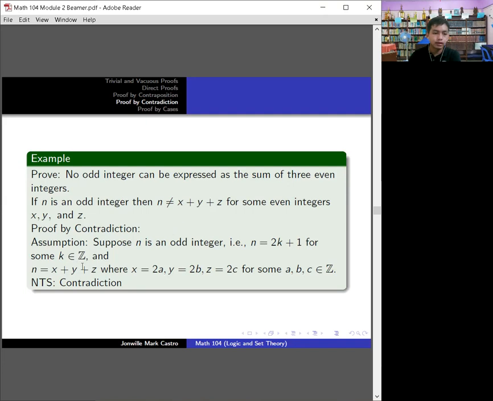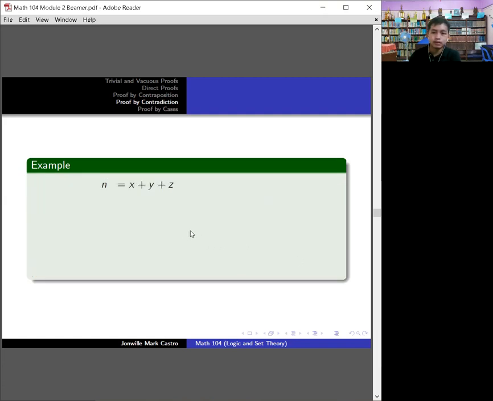Yan, n is equal to x plus y plus z, where x, y, and z are even integers. So n equals x plus y plus z by assumption. Then, by assumption then, x, y, and z are even integers.